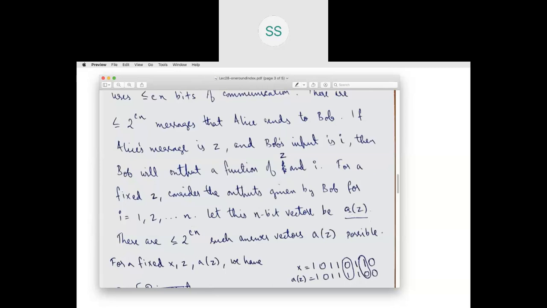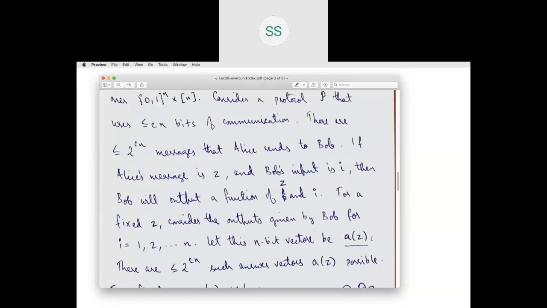Hence it's a function of Z, and we call it AZ. Since there are 2 power Cn different Z's possible, because Cn is the number of bits that Alice can send to Bob, for each Z we will have a fixed AZ. So there are at most 2 power Cn such answer vectors AZ that are possible.